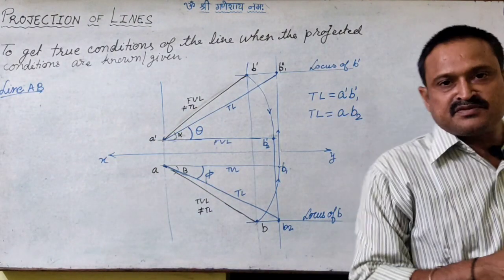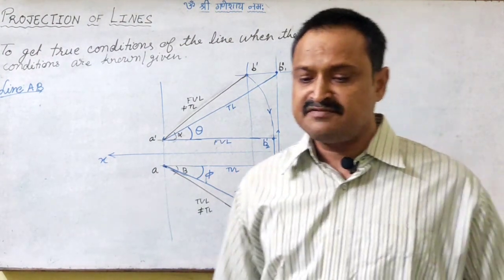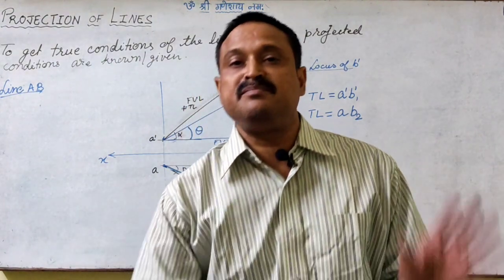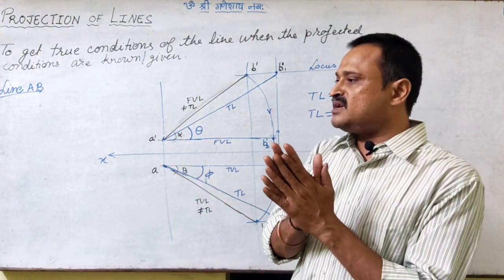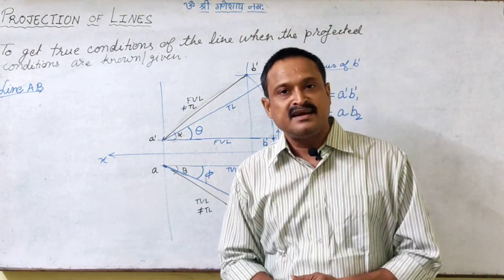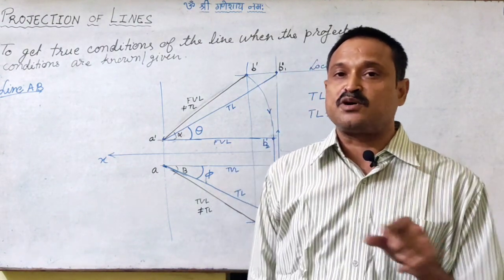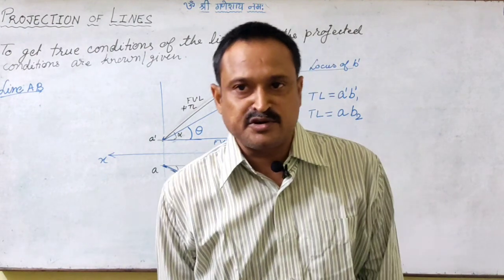So that is what we have seen. One thing we have to remember always: when a line is inclined to a plane, its images will be inclined. When a line is parallel to VP, the top view image will come out parallel to XY. Or, in other words, if I see that the top view image is parallel to XY, that means the line is parallel to VP.